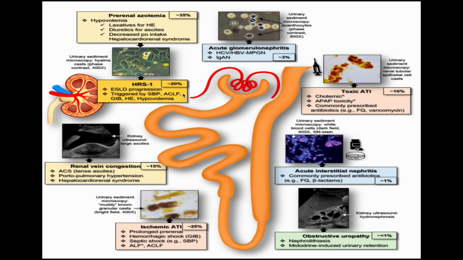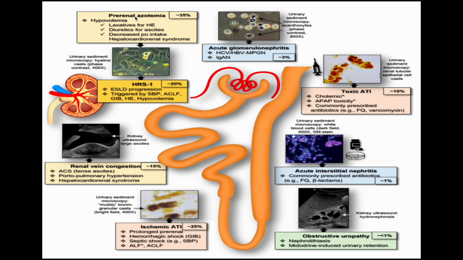We have described in detail the pathophysiology, how it happens, how there is a functional vasoconstriction and the liver dysfunction. Next is the ischemic acute tubular injury, which is around 25%. This happens when this particular state stays for a long period of time.